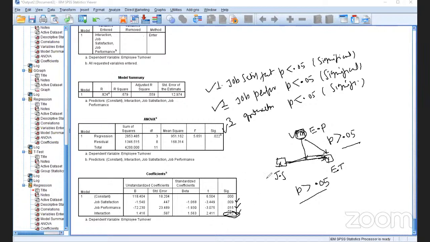In the earlier case, the interaction term was not significantly contributing because the relationship did not change. But here, when we separately checked the relationship between the two variables, it was not significant, but in the presence of the moderator variable, it changed the relationship.